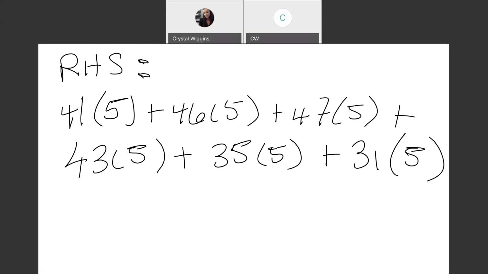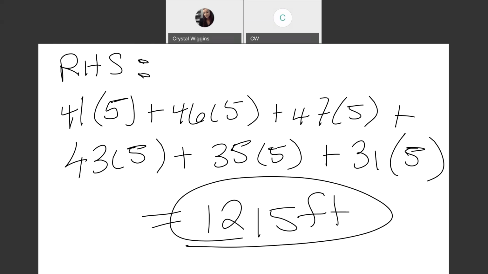We have 41 times 5 plus 46 times 5 plus 47 times 5 plus 43 times 5 plus 35 times 5 plus 31 times 5, and we get 1,215 feet.